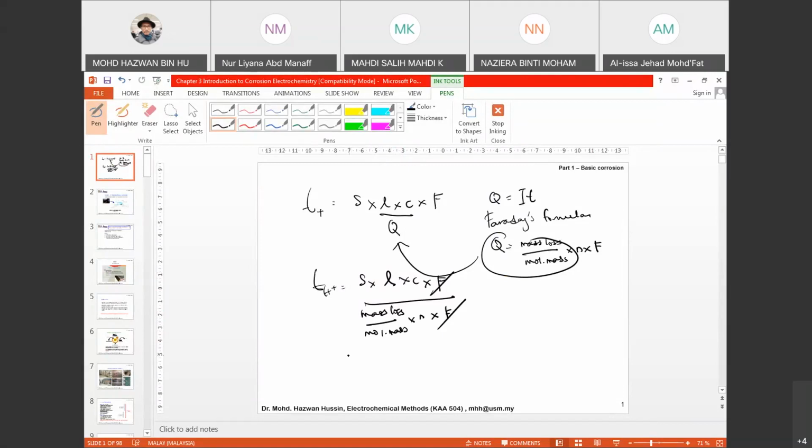Then at the end, you can substitute that value, okay? S multiplied with L multiplied with C over mass loss over molecular mass times N, okay?